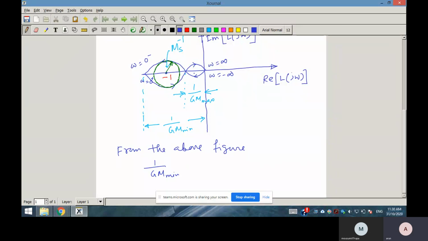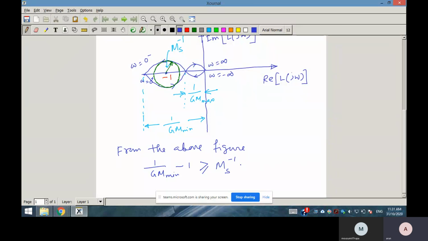So 1 by GM min minus 1 is this distance, that means here to here. This distance is always greater than or equal to MS inverse.